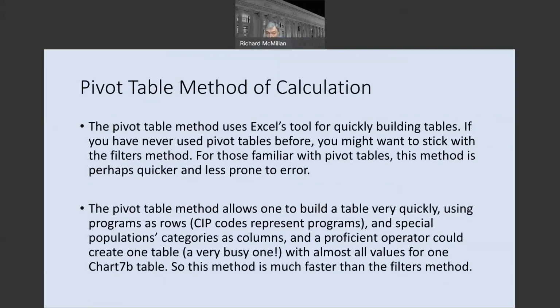The pivot table method allows one to build a table very quickly using programs as rows. Zip codes represent programs, and special populations categories as columns. And a proficient operator could create one table. It would be a very busy one with almost all values for one Chart7b table. So this method is much faster than the filters method.